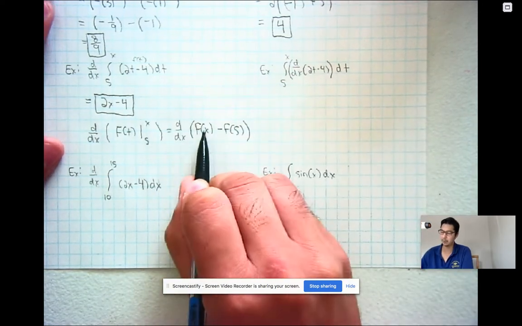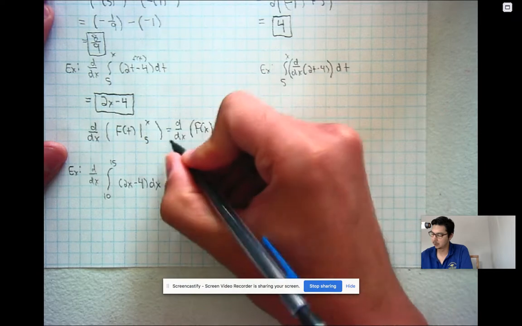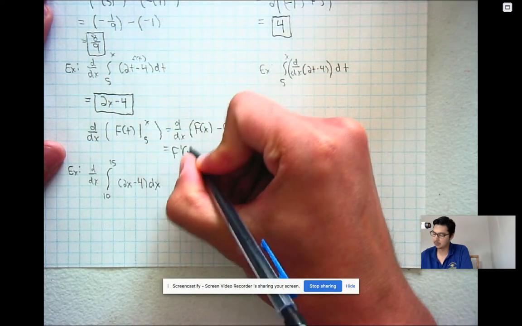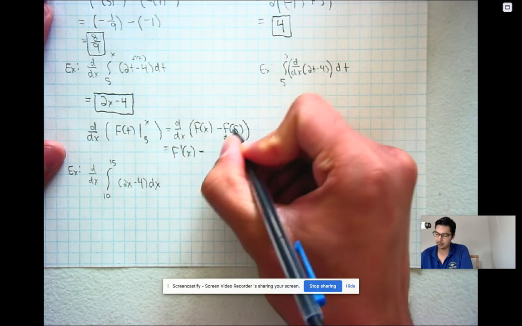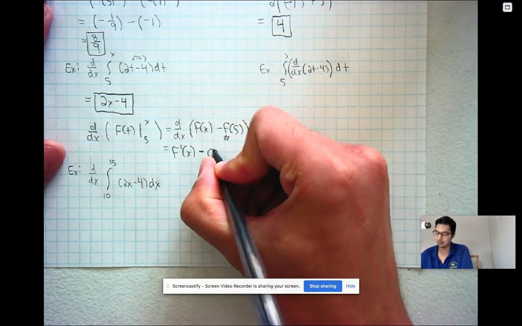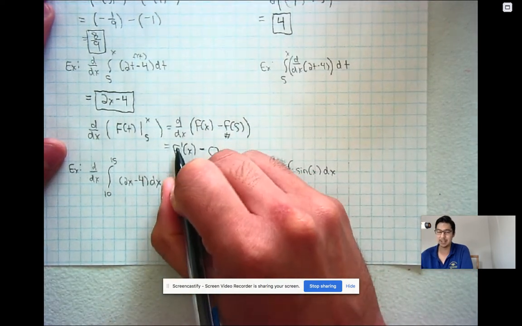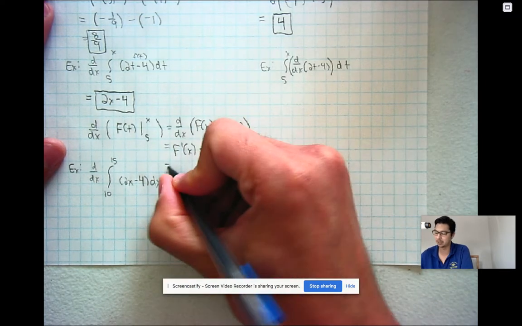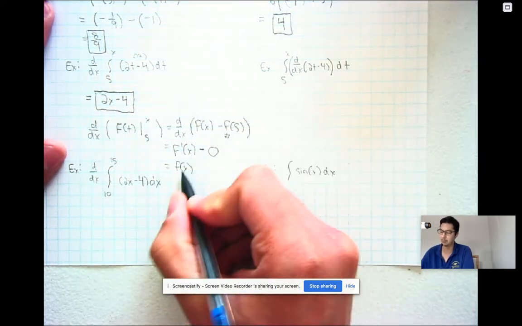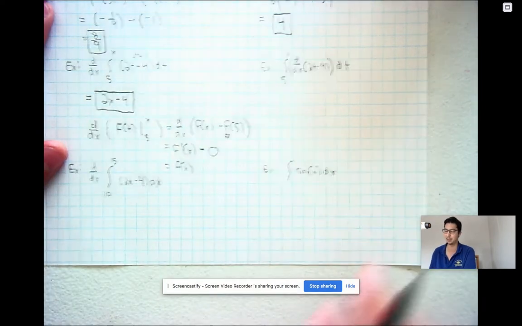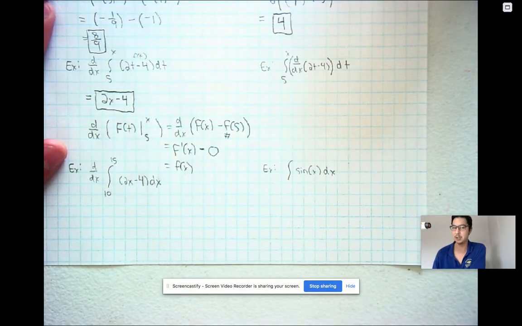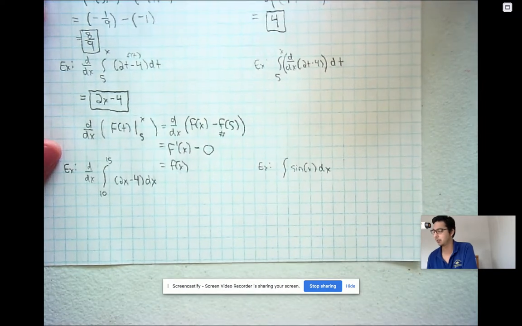When we take the derivative, you have f prime of x minus the derivative of f of 5, which is just a constant, so that gives us 0. And remember, the derivative and the antiderivative are inverses, so that just gives us f of x, which is 2x minus 4. It's f of t, but with x plugged in. So a little bit longer of an explanation, but it helps show you how I got that answer.